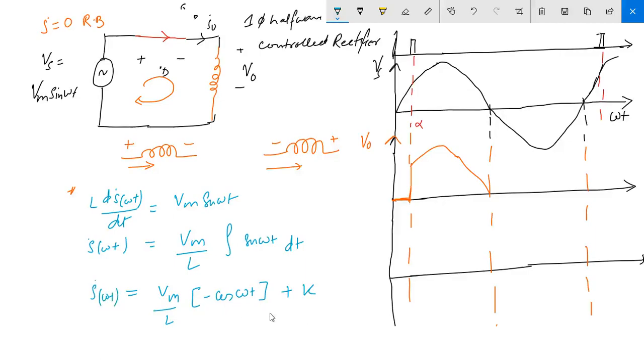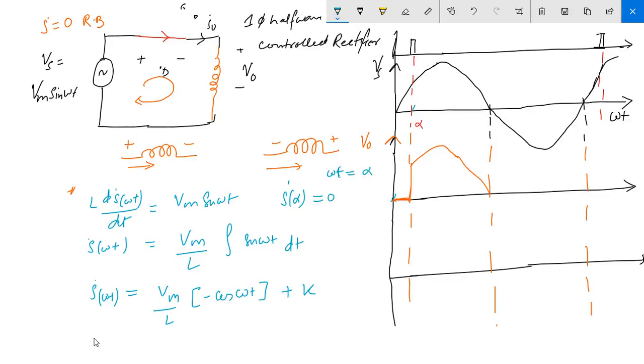Now, talking about k, it is the initial condition. Now the k is not your zero value. K is actually the alpha value. So I can write that I of alpha, the value at alpha, is 0. That is, omega t initial condition is alpha.